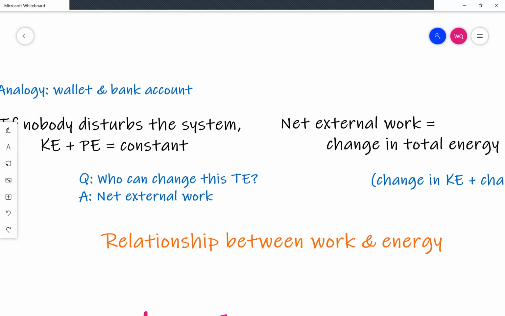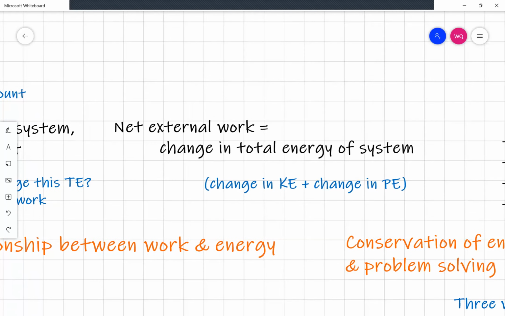Some of them are helpful; they push the system along in a way that causes total energy to increase. Some forces could be acting in a not helpful way, or they oppose your motion. They cause your energy to decrease.